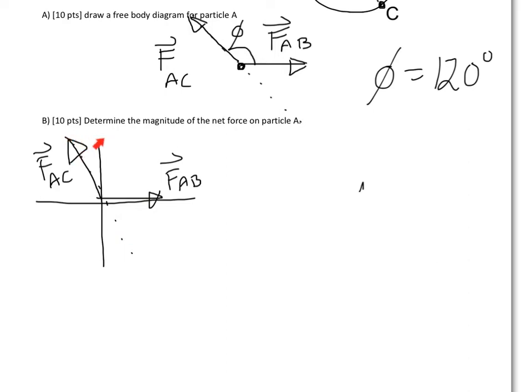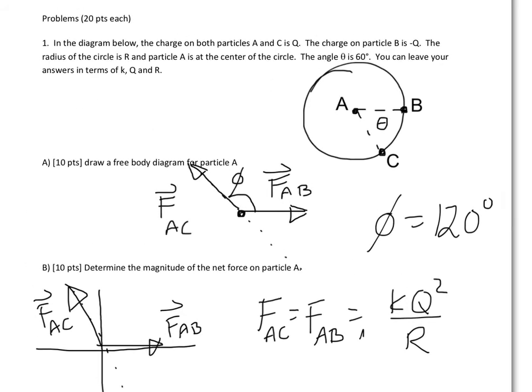So I could take the magnitude there and get a negative component, and the positive component there, and solve that problem using components. So you have a 30-degree angle here, a 60-degree angle here. You have the magnitudes of these forces, because since all the distances are the same, the magnitudes are actually quite easy. They're K q squared over r.